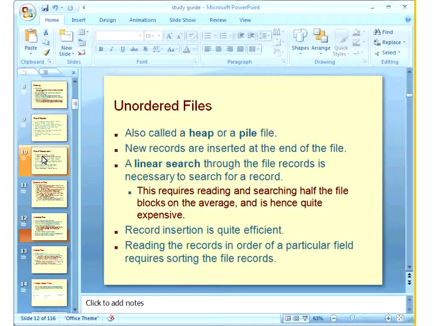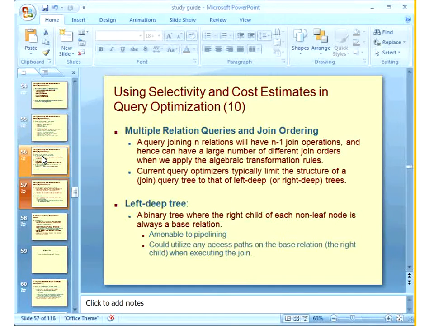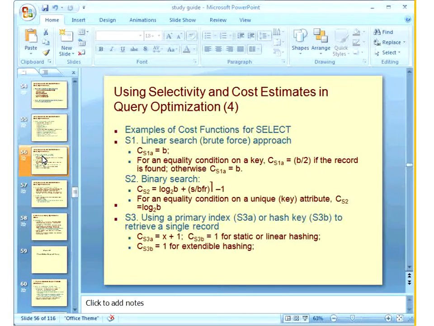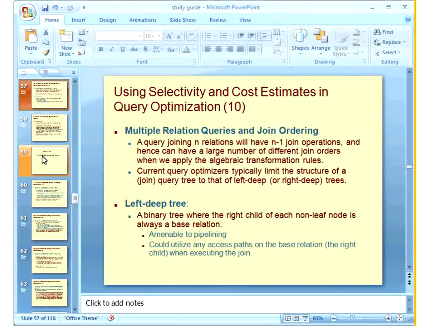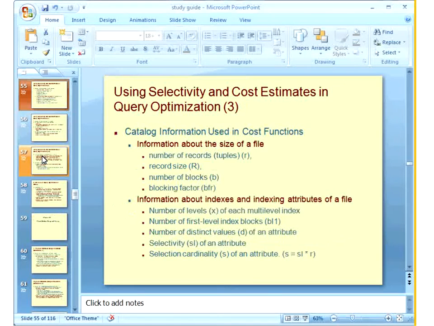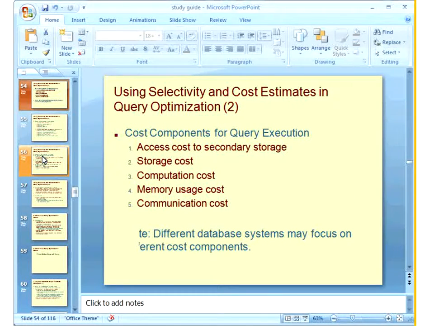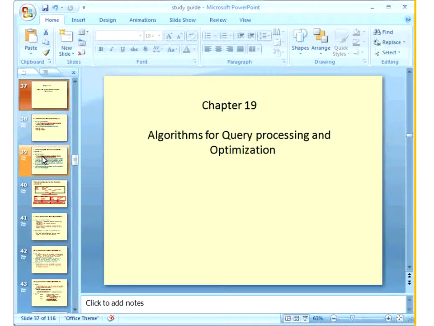Okay, let me. Which chapter is this? Okay, chapter 19. Yeah, after this slide.